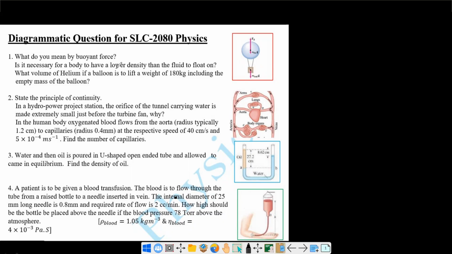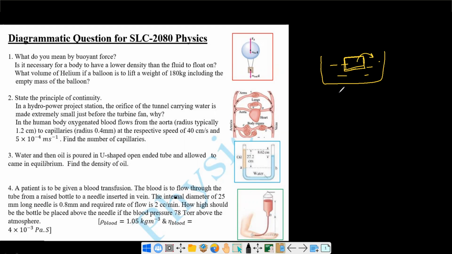Is it necessary for a body to have a lower density than the fluid to float? It's not always necessary, because there are two things. Suppose this is your liquid container, and you have an object designed in such a way that it can displace liquid equal to its own weight.